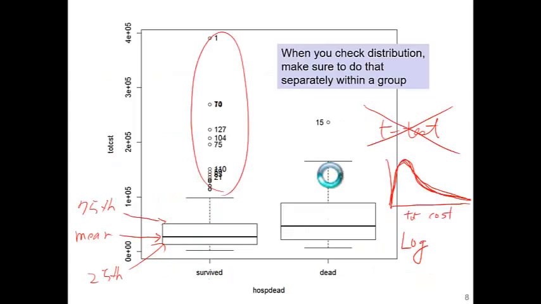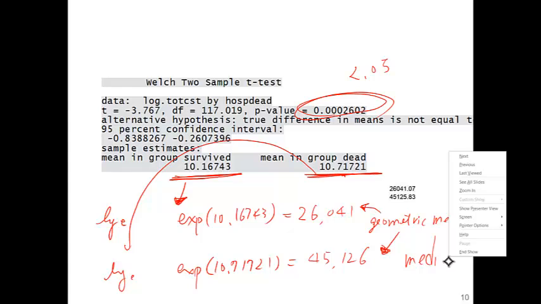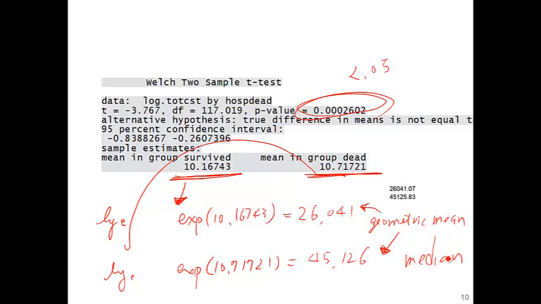Those are pulled by outliers, so if you take a log and anti-log of that, that gives the geometric mean, which is close to the median value. So instead of computing the median value, you can use a p-value based on the log-transformed t-test, or you can show your data as geometric mean.